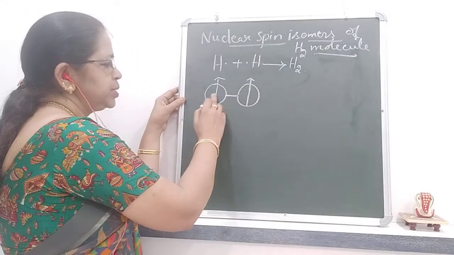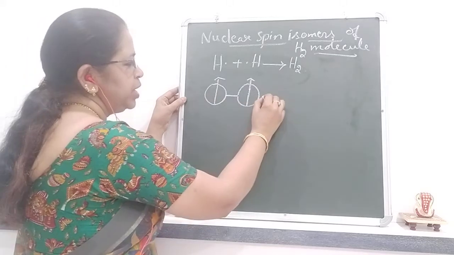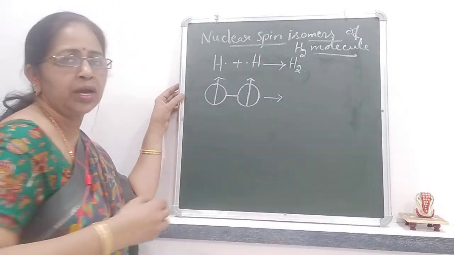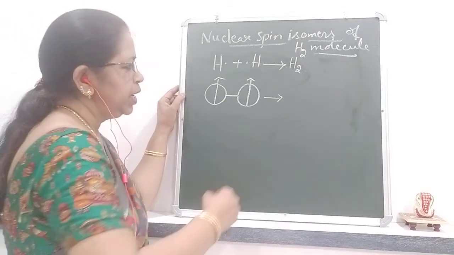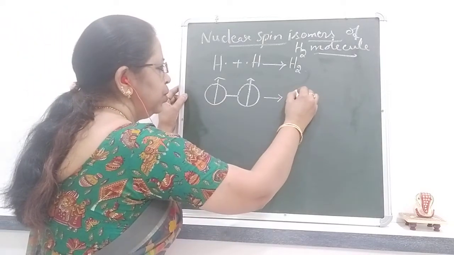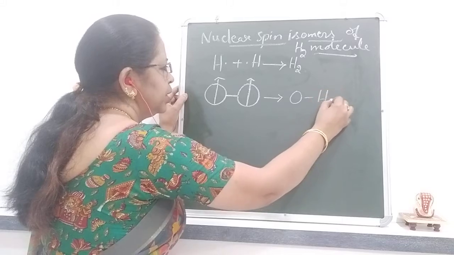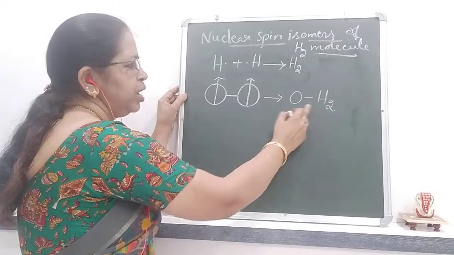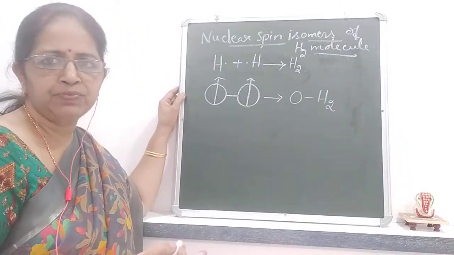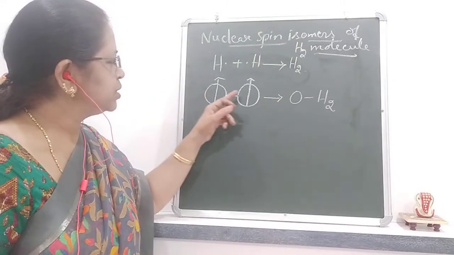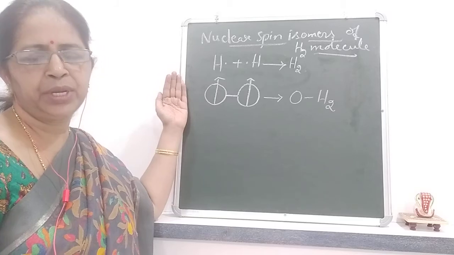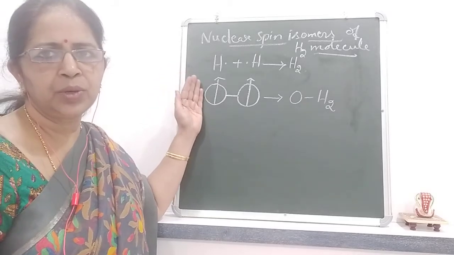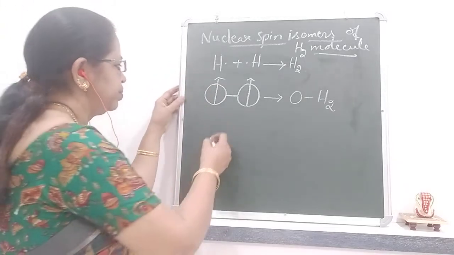If both are in the same direction, this molecule is known as the ortho isomer of hydrogen molecule. It is denoted by oH2. If the nuclear spins are parallel to each other, pointing in the same direction, then that isomer is known as the ortho isomer.